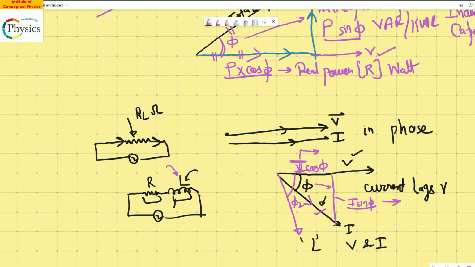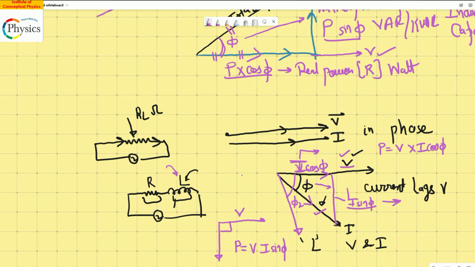If you see, the real power is V multiplied by I cos phi. So the two are in phase, right? V and I cos phi are in the same direction. But if you look into I sin phi and V is like this, and I sin phi is in this direction, right? So they're at 90 degrees. So the power which is getting generated or absorbed by the circuit is P equal to VI sin phi.